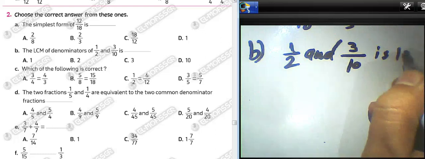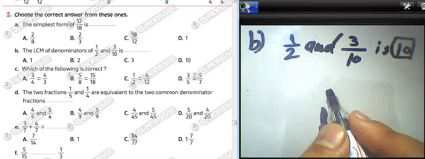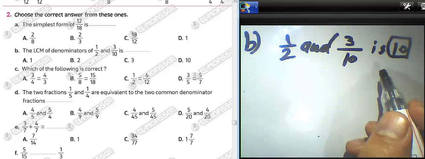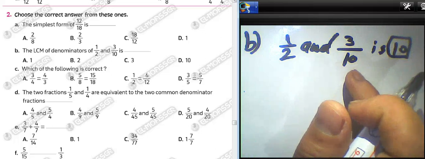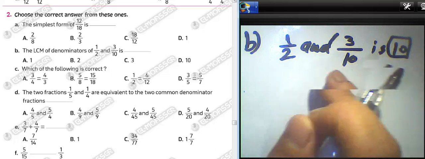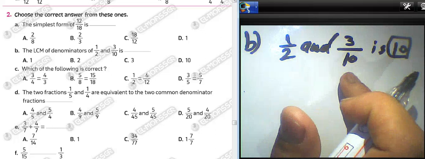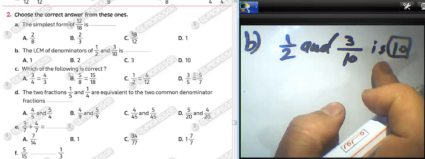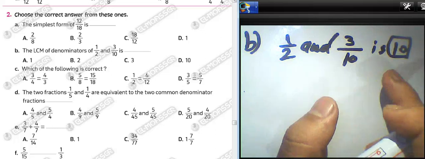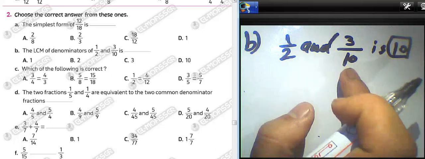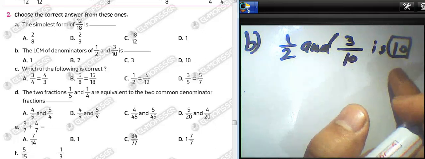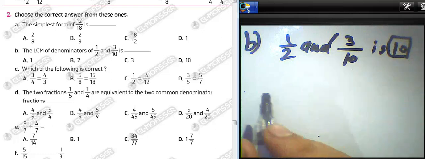If you want to find the least common multiple of two denominators, ask yourself about the greatest number here, 10. Can 10 be divided by 2 or not? Yes, so 10 is the least common multiple between 10 and 2.